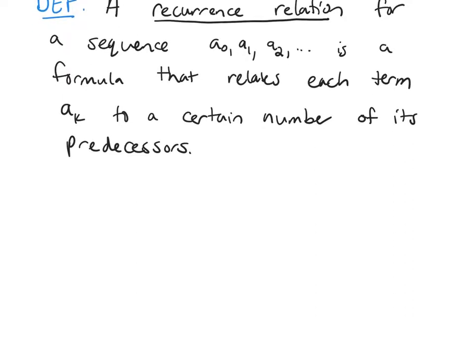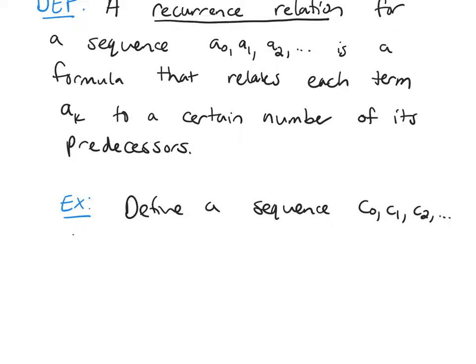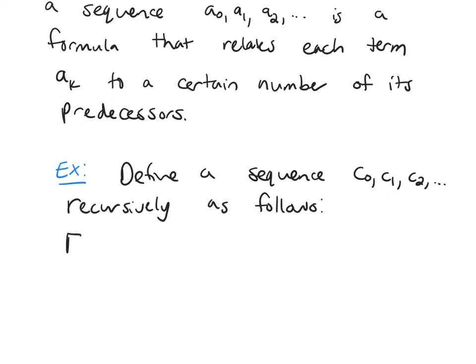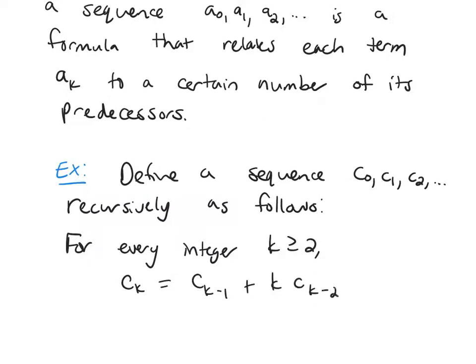So let's look at an example. Let's define a sequence C0, C1, C2 recursively as follows. For every integer k greater than or equal to 2, Ck equals Ck minus 1 plus k Ck minus 2 plus 1.